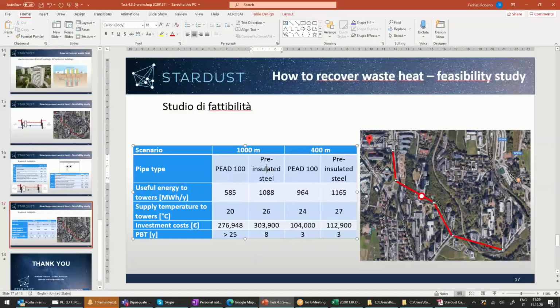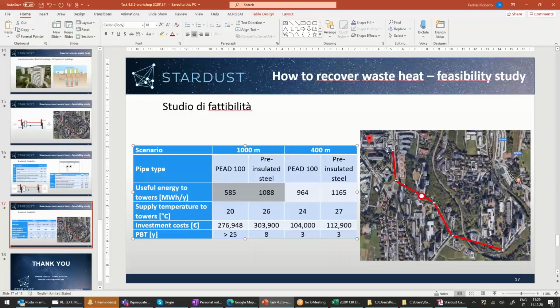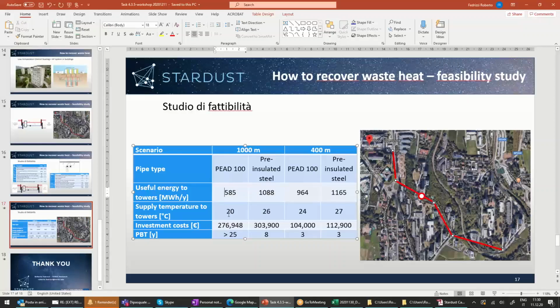As you can see, if we use non-insulated pipelines, the heat losses are quite relevant. They are more or less 50% of the energy that is potentially available. And also the temperature that we can deliver is much lower compared to using insulated pipelines.